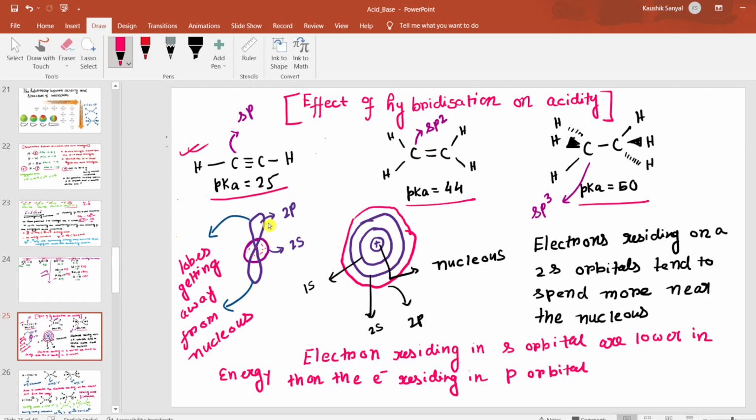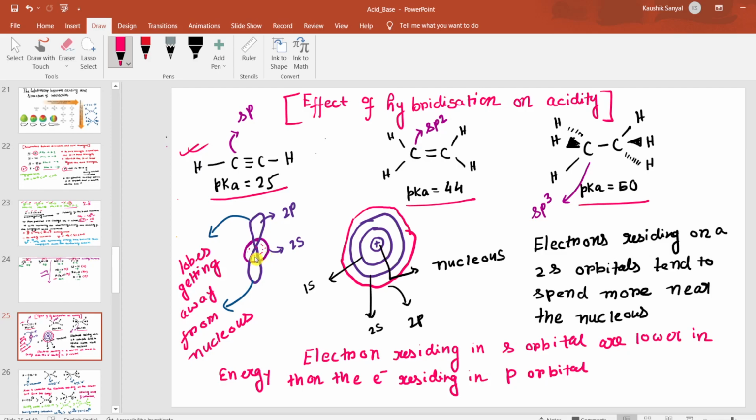So that's why the electrons residing in 2p orbitals have much higher energy than the electrons residing in 2s orbitals. Okay, so the electrons residing in the 2s orbital are much more stable in energy.